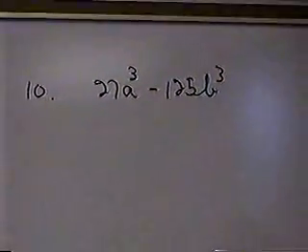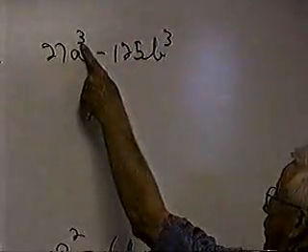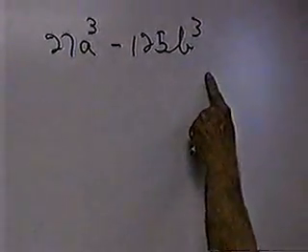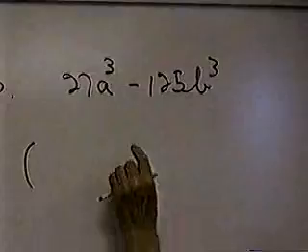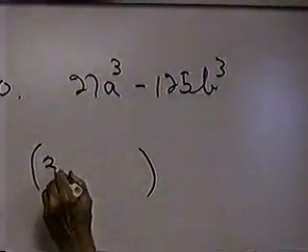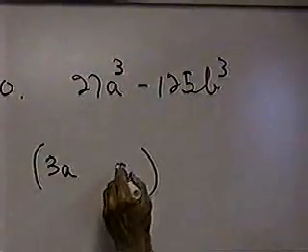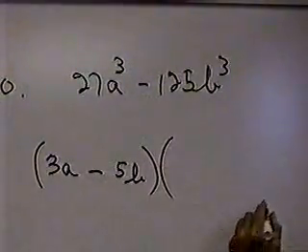Number 10, what do we have here? All right. We have a cube. We have a third power, a 3 or 6 or 9 power. So what we're going to do is look for that special case, all right? So the cube root of this would be 3a, and the cube root of this would be 5b, minus, same sign.